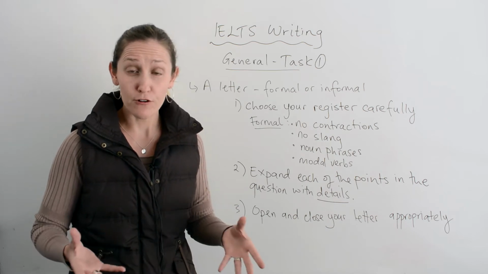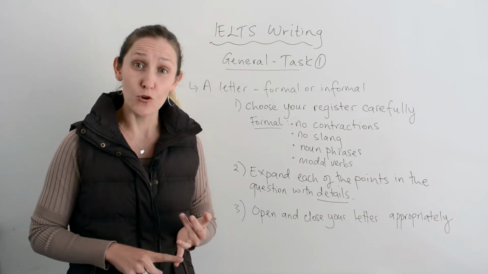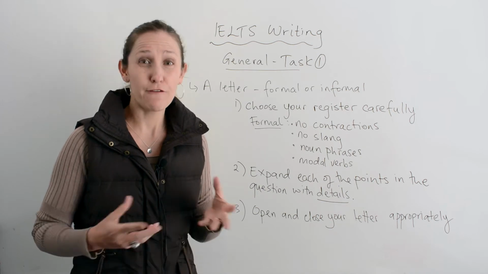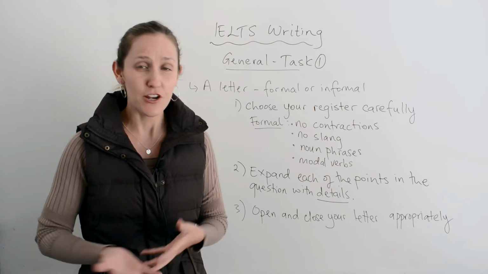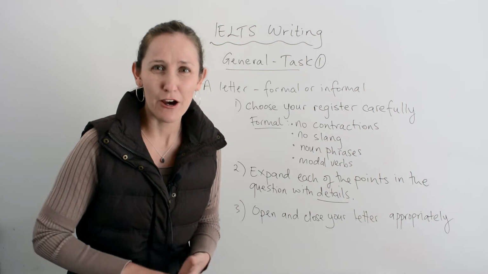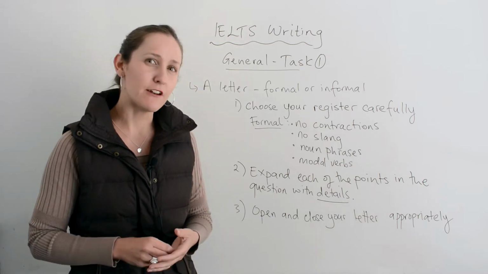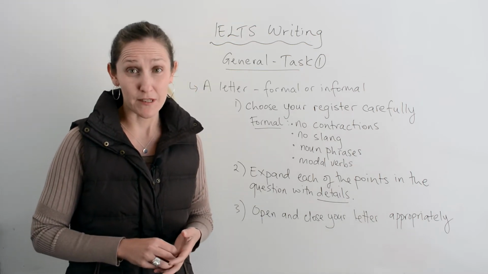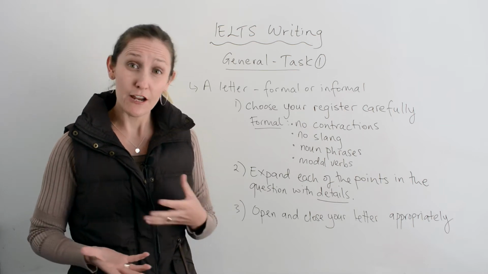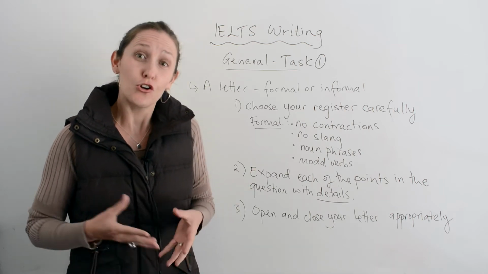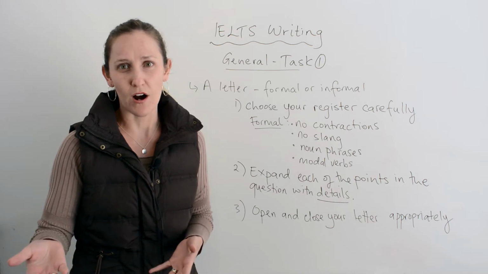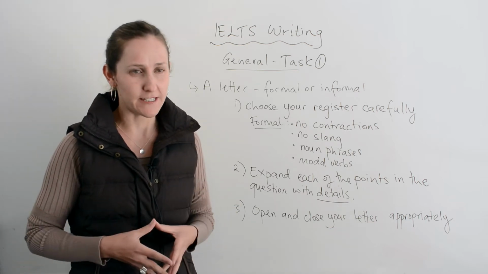What do I mean by modal verbs? I mean verbs like would and could. So for example, in an informal letter, you can say to a friend, can you help me? And that's fine. But in a formal letter, you might say something like, I would like to know if you would be able to help me. Could you assist me with this inquiry? Which is much more polite.